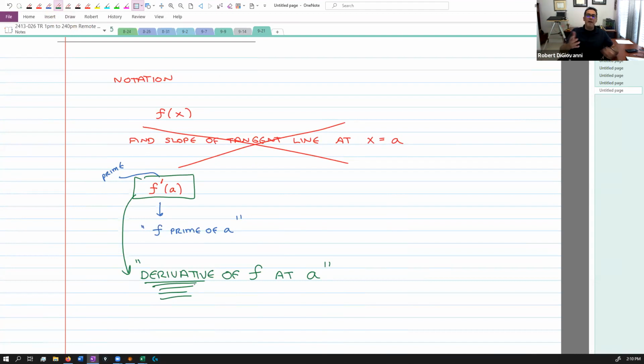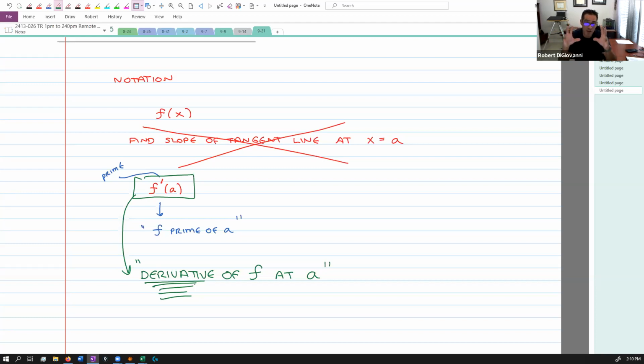So if I give you a function, right? I say, hey, here you go, Theodore, here's a function. Go figure out what the derivative of f is at a. What I'm asking you to do is to go find the slope of the tangent line to that function at a, right? This is all just notation and language now, all right?